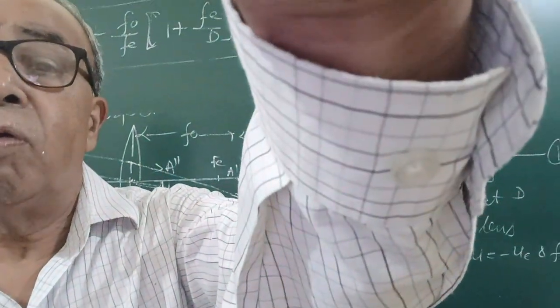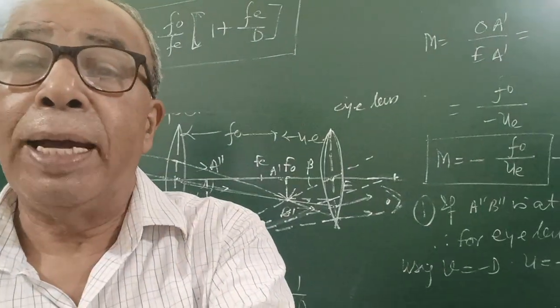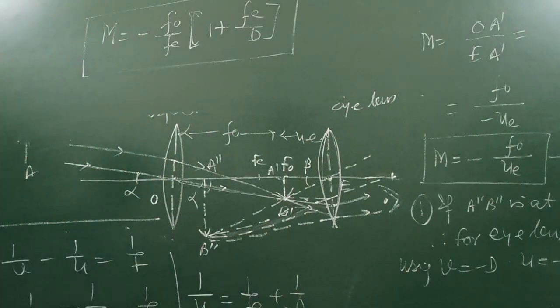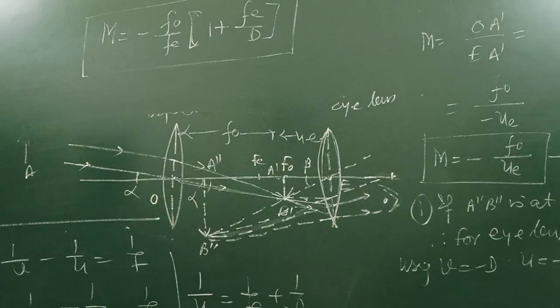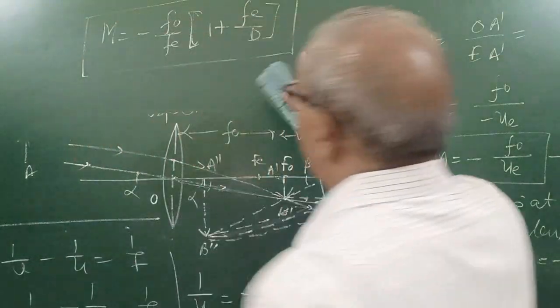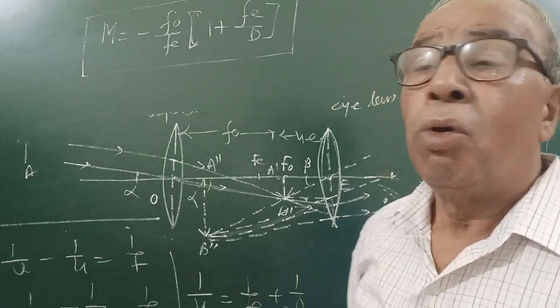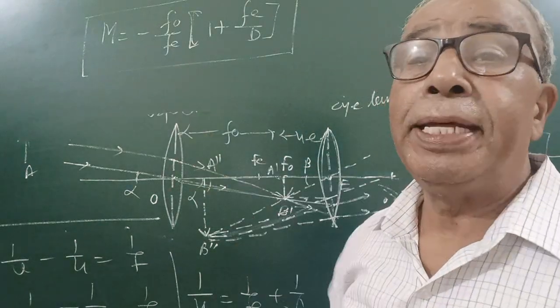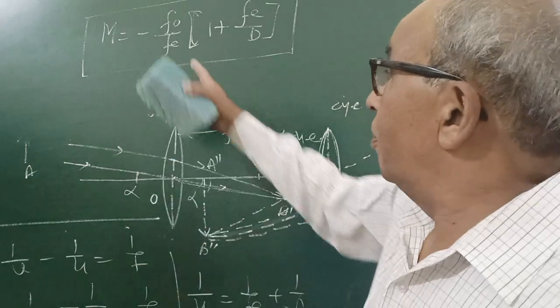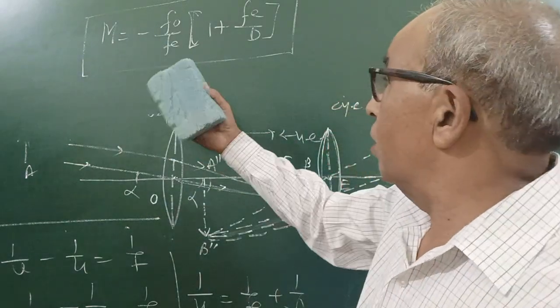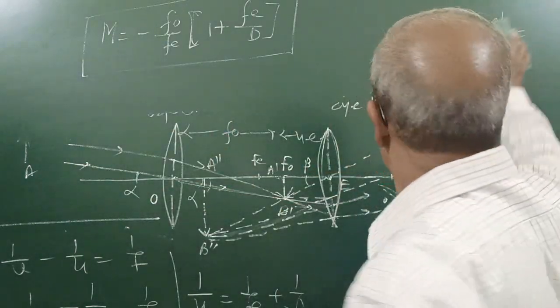This is the maximum value of angular magnification produced by the telescope. Have you got this? M is equal to FO upon FE, where FO means the focal length of the objective and FE the focal length of the eye lens.